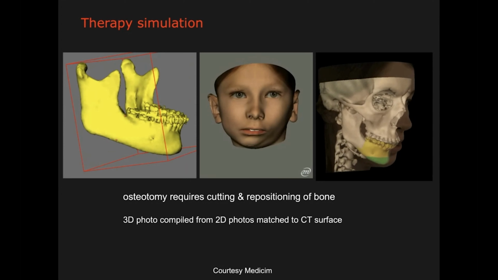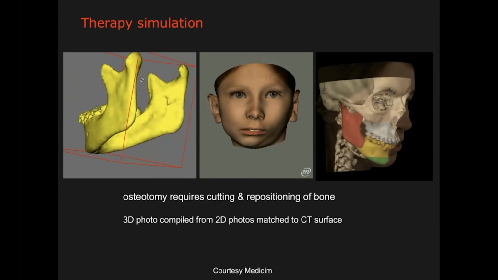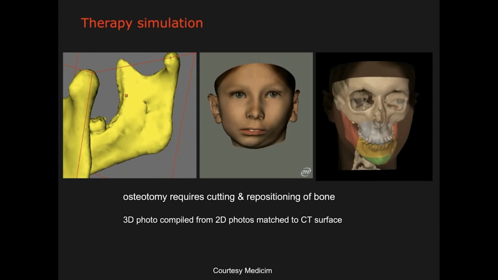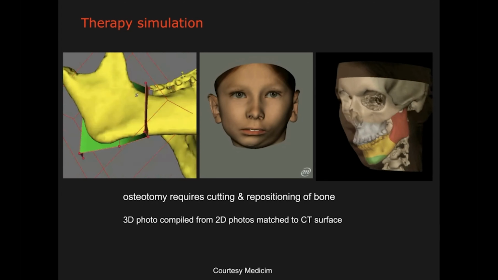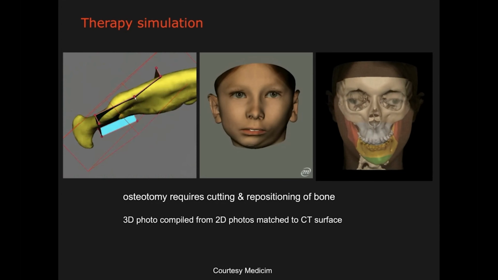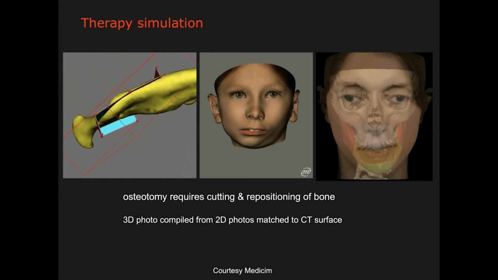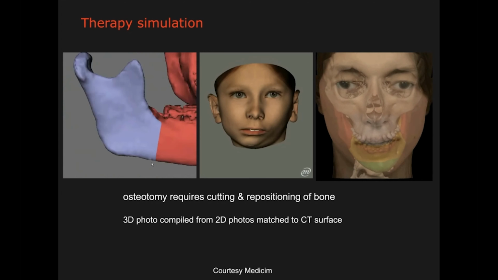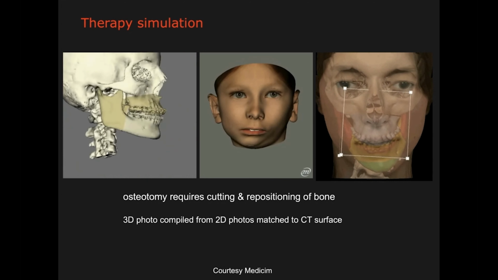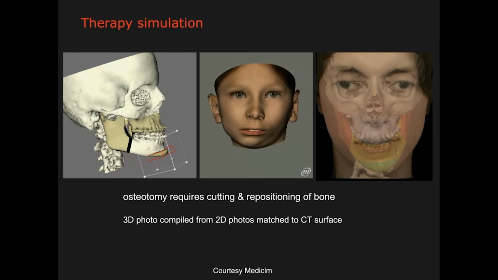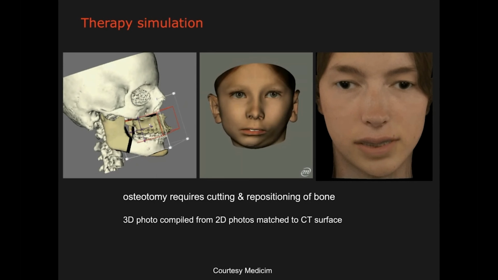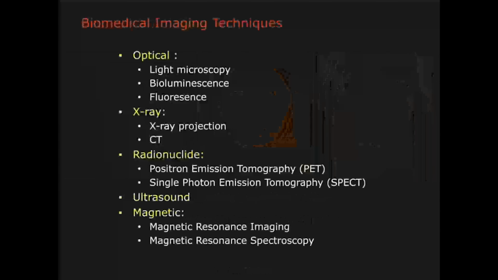The face is determined by the skin and the fat and the muscle on top of the bone. So in these simulators we really need to not only simulate how to cut the bone, but also see the influence on elastic tissues, such as muscles and skin. So you see that it can become quite complex, but this is the information that we can get, augmented with information, for example, from simulation.